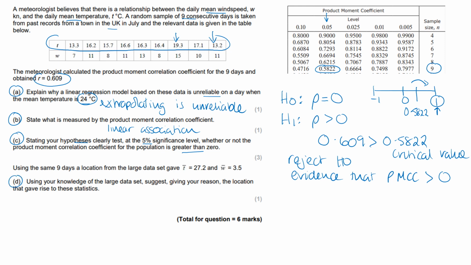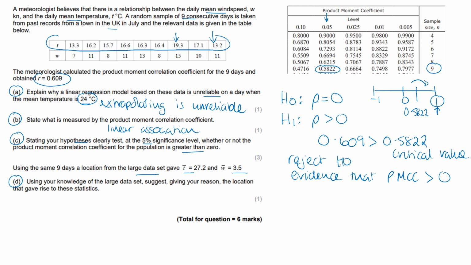Now, part D, we're told that using the same 9 days, so it's going to be in July from the large data set, we've got a mean temperature of 27.2 and a mean wind speed of 3.5. Using our knowledge from the large data set, suggest, giving a reason, the location that gives rise to these statistics.